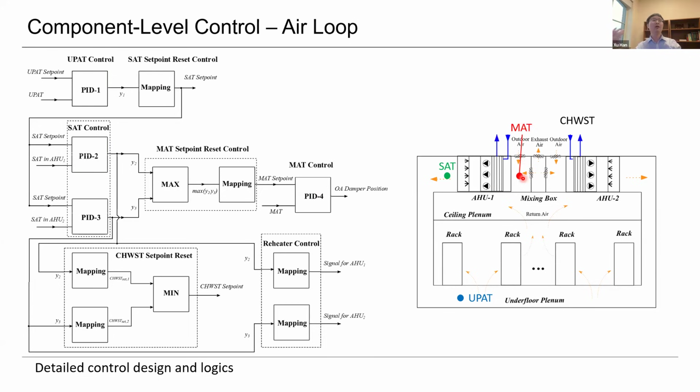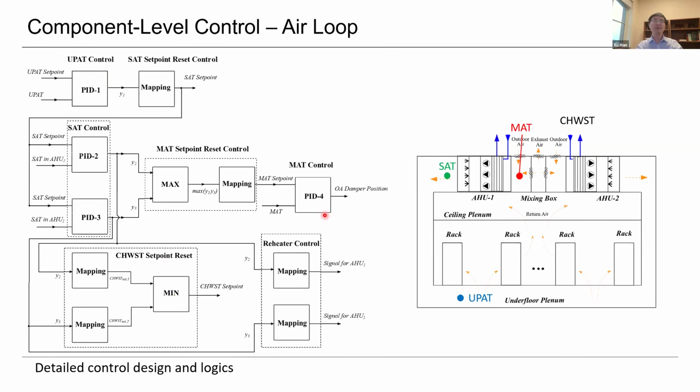Because, for example, during the free cooling mode, if we want to lower the supply temperature, we can probably introduce more outdoor air, right? Or we need more chilled water. This is another loop, okay? So this is the reason why the control signal of the SAT will also affect the chilled water supply temperature set point, okay?